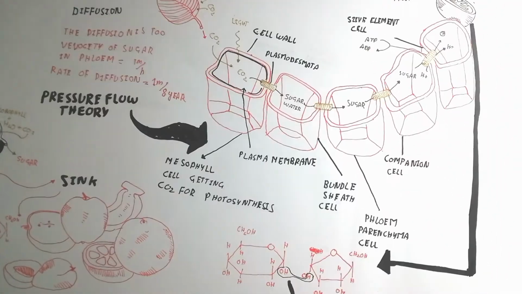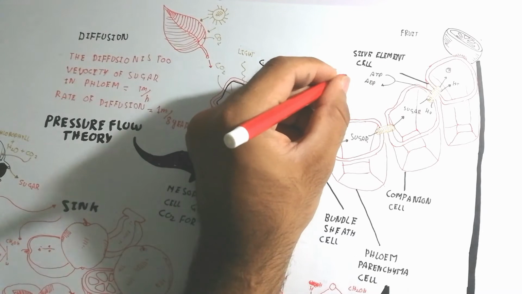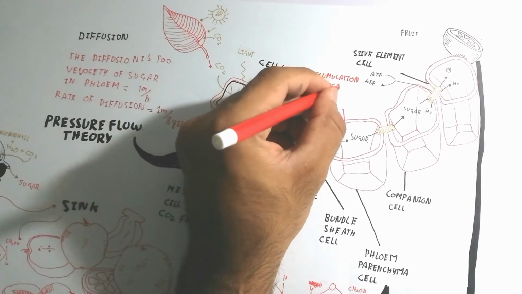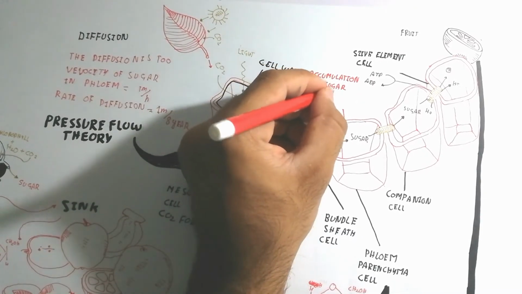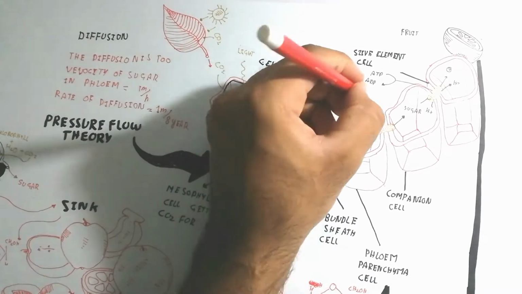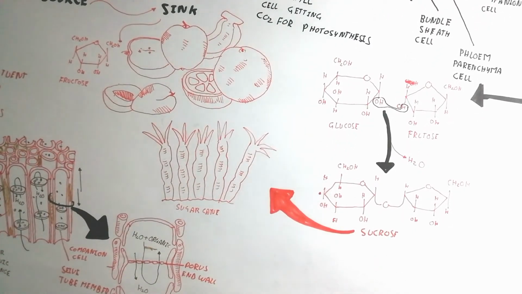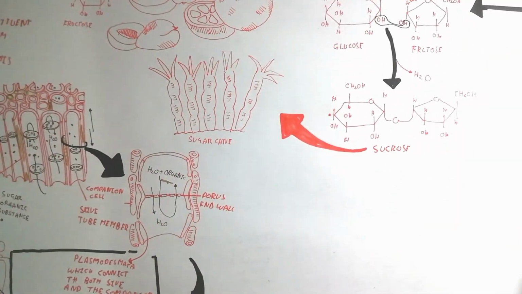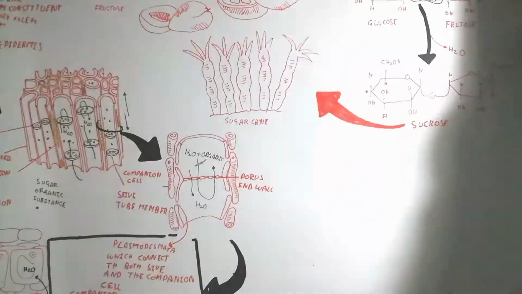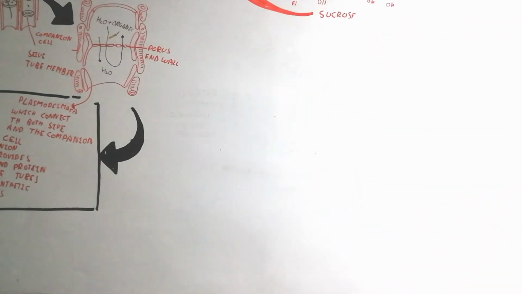So now we will talk about the basic understanding of that thing. The accumulation of sugar produces an osmotic gradient, so that too much glucose will move by diffusion. That means the movement is due to the pressure flow theory.